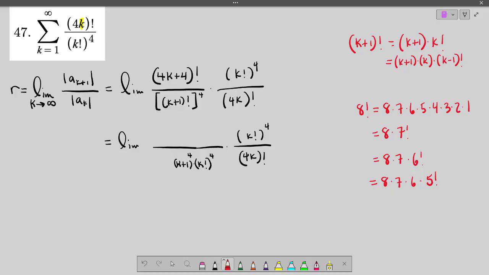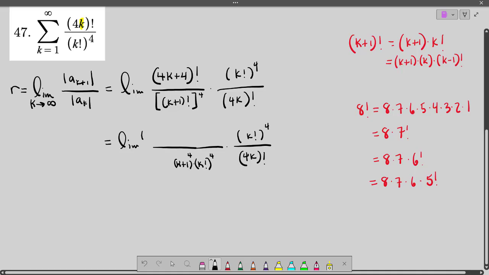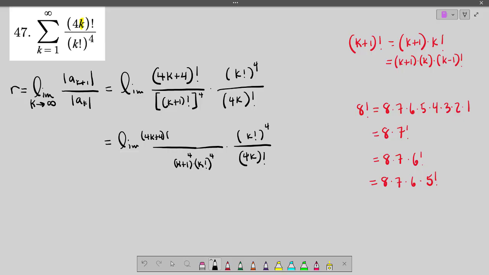So up here, this gets at what's going to happen. We have 4k plus 4, and then we're going to subtract 1. When we subtract 1 from 4k plus 4, we end up with 4k plus 3. If we wanted to, we could drop the factorial in right there, but that's not helping. We can sort of see what our target is, right? This is our target down here.